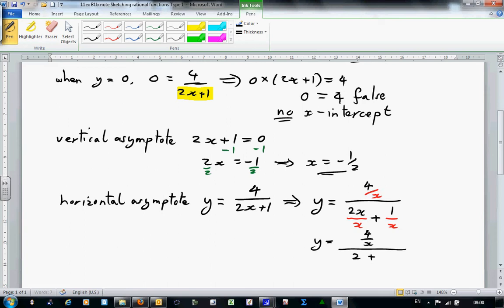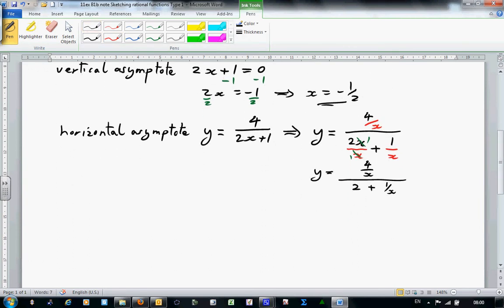Now, why have I done that? What we're going to do is when x gets really, really big, so let's send that off to infinity. Well, what will happen to y?